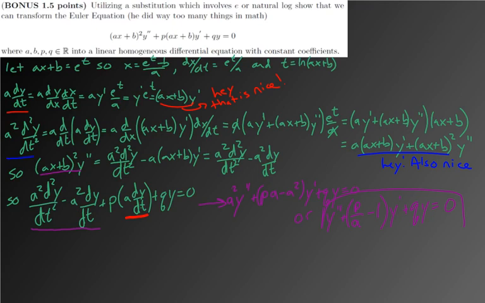This is a style of differential equation. Basically it's something called an Euler equation. And this is true, I wrote this. He did do way too many things in math. But basically I'm doing a substitution that's going to make the whole thing work out nice.